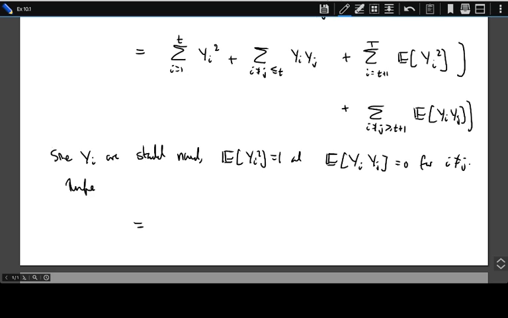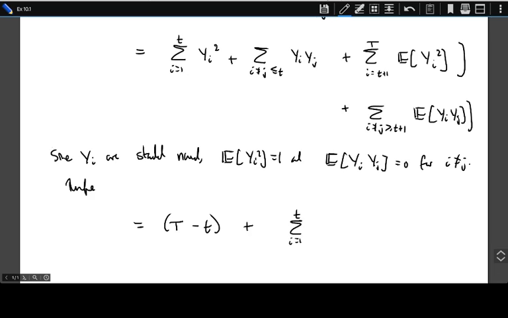Because it's including t plus 1, the total length is capital T minus little t, plus 0, plus the remainder. We have this sum, i equals 1 to t, of the Y_i squareds and the Y_i Y_j's.